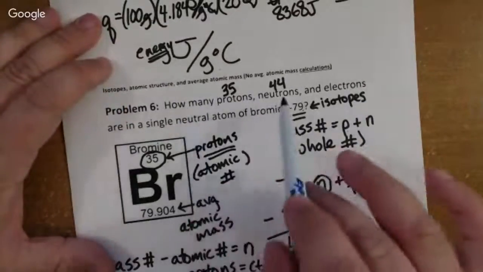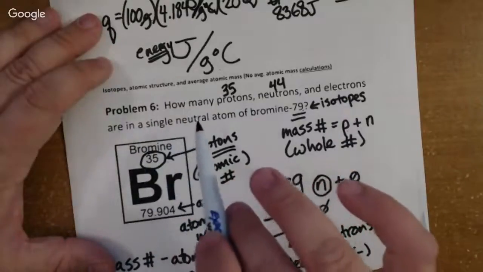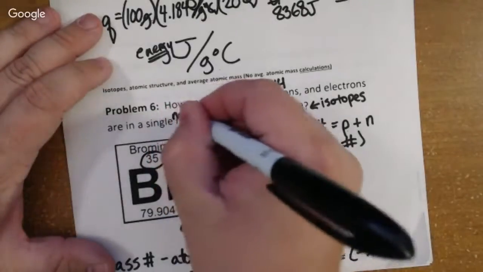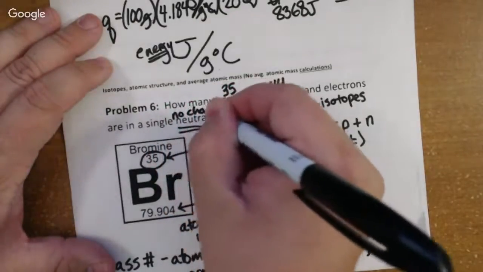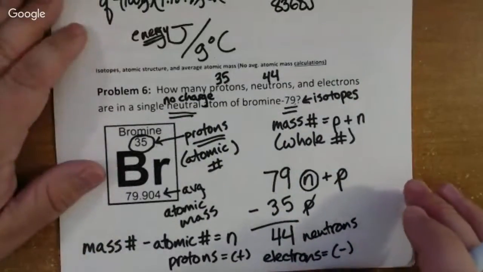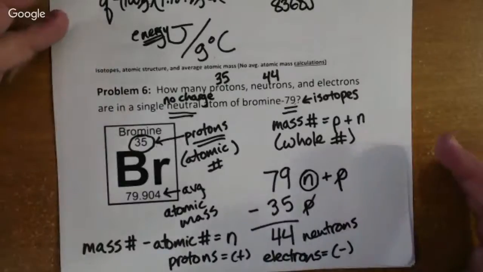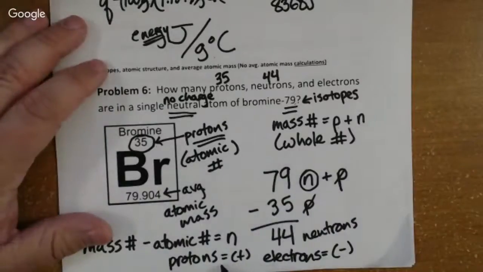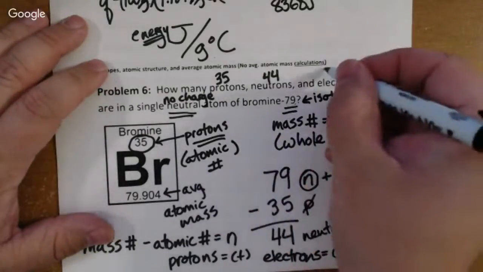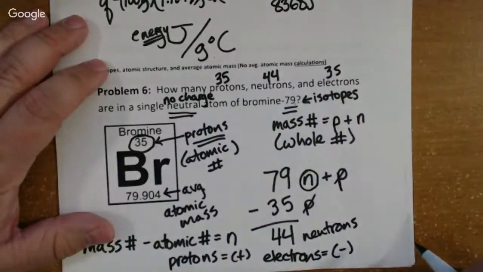How many protons, neutrons, and electrons are in a single neutral? Neutral or no charge. So if it's neutral, that means it's not positive overall, it's not negative overall, there's no charge overall. So that means there has to be a balance between protons and electrons. So if I have 35 protons, I'll have 35 electrons. Now, keep in mind, positive protons, negative electrons.